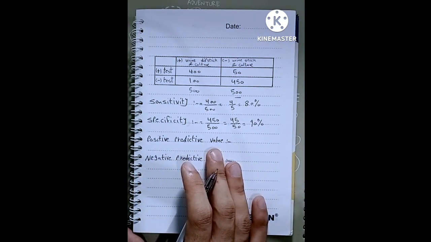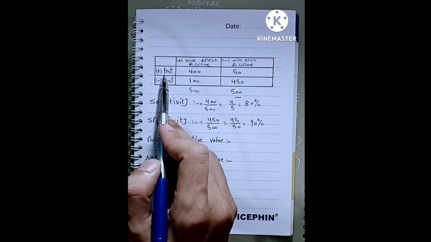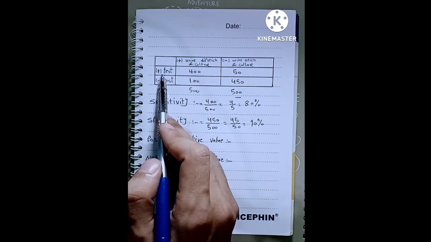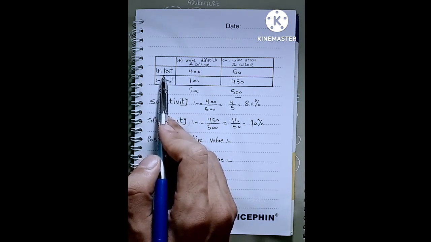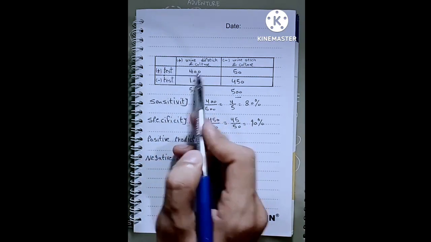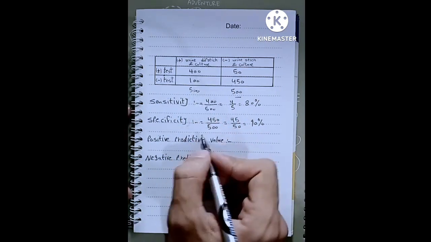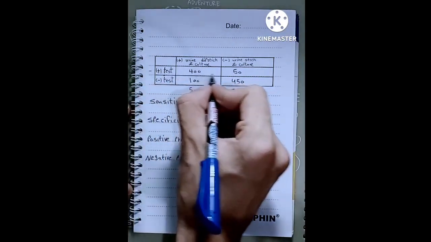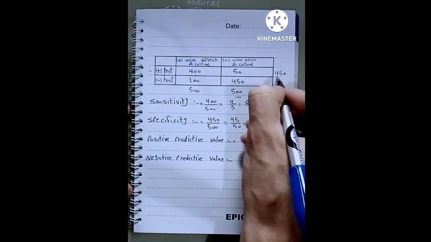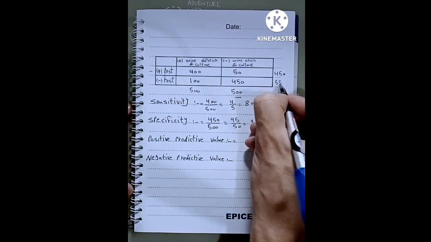Okay, let's move to positive predictive value. That means if you got a positive result in the new test, how likely do you really have the disease? In other words, if you got a positive result, you could be here or here. How likely would you be here? The new test got 450 positive and 550 negative.